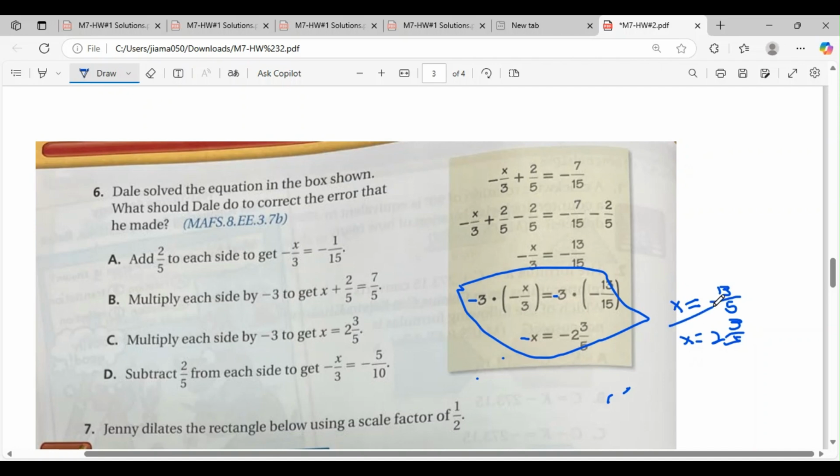So this is the final answer, which is C.